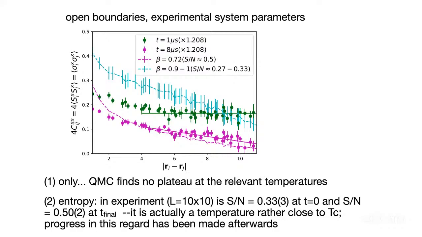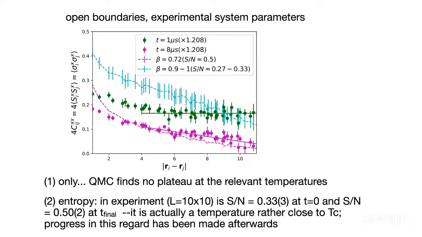But if I do this, as you see here in cyan, my curve doesn't look like a plateau at all. In fact, it looks like something that decays linearly, and it's quite different from the experiment which you see in green. If I wait longer, then my system will slowly heat up due to decoherence effects.